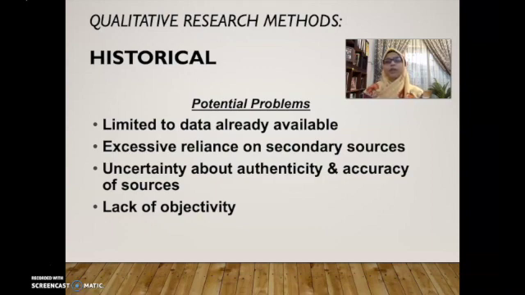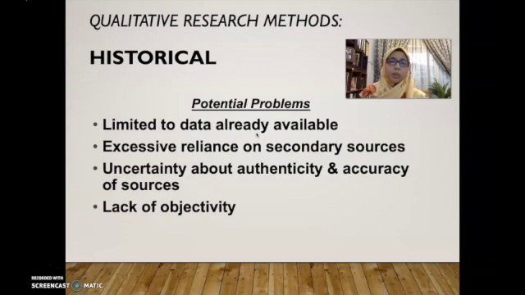What will be the potential problems that arise if you wish to do a historical qualitative research method is that it is limited to data already available, excessive reliance on secondary sources, uncertainty about authenticity and accuracy of sources, and lack of objectivity.